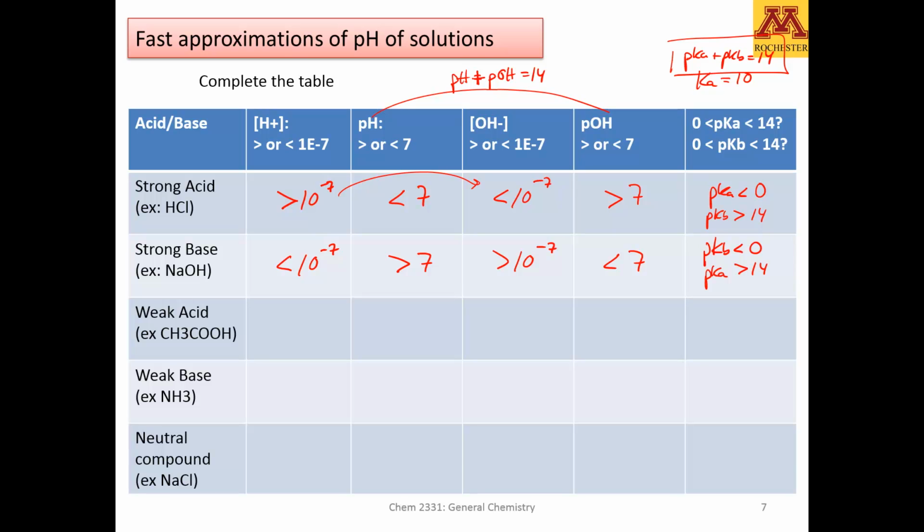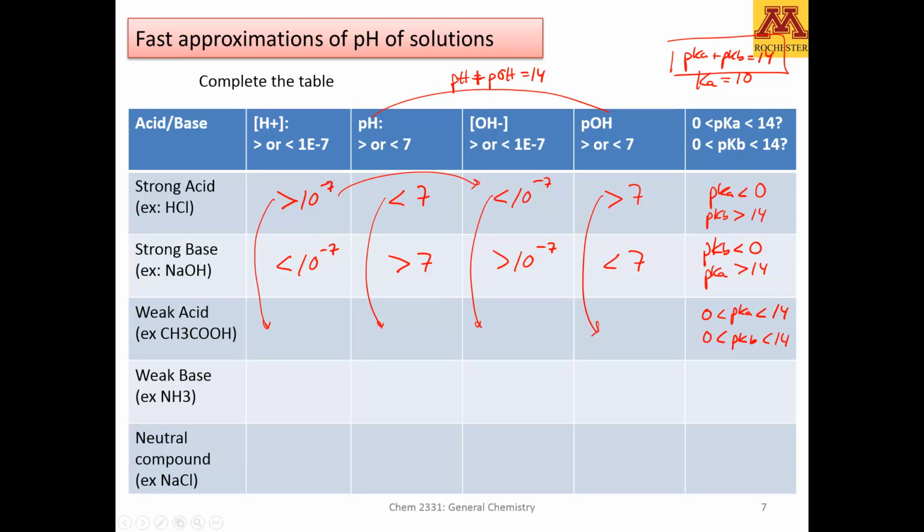Okay, the same can be said about weak acids and weak bases. So I'm going to just repeat the same that I wrote for strong acids in the line of weak bases. The only thing that you know is that the pKa is going to be between 0 and 14. And the same for pKb. pKb will also be between 0 and 14.